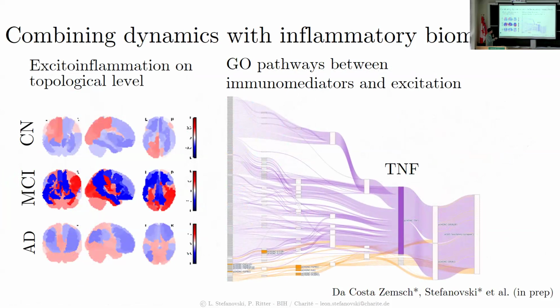And because we wanted to understand this phenomenon even more, we also looked at other immunological molecules. And interestingly, when we connect all these different immunological interleukins and so on to excitation in the GO network describing biological processes, most of them really go through this TNF, showing that our hypothesis makes sense.